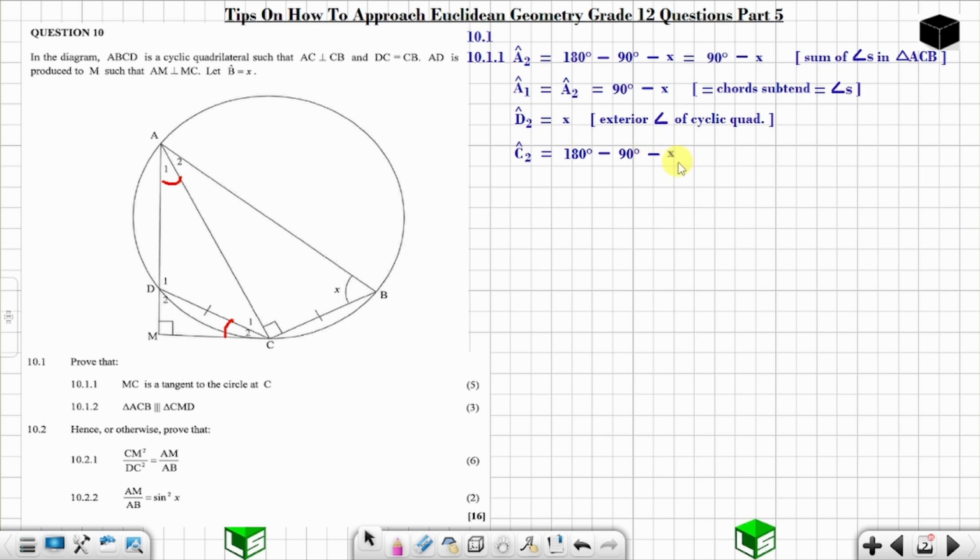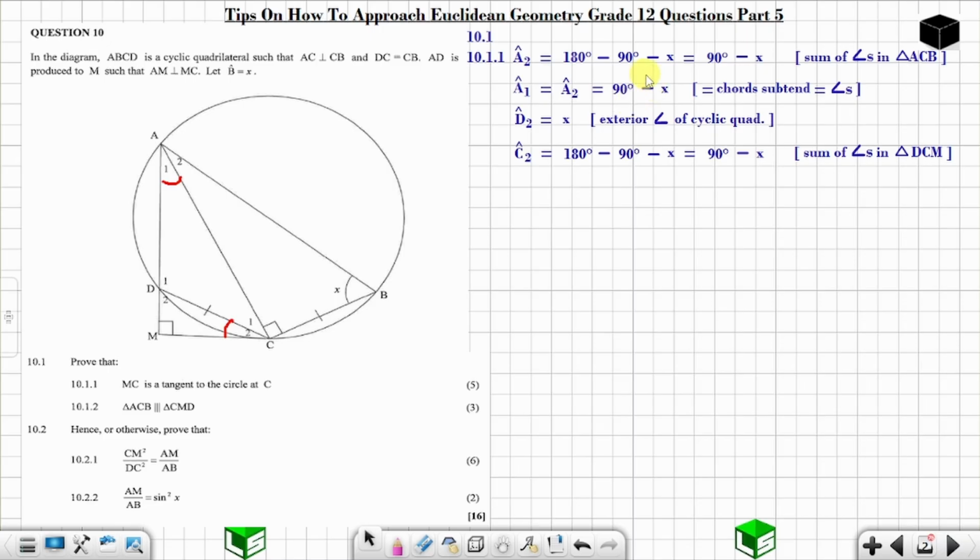Now this is equal to 90 minus x. The reason is sum of interior angles in triangle DCM. Now you can see the angle C2 is equal to the angle A1.